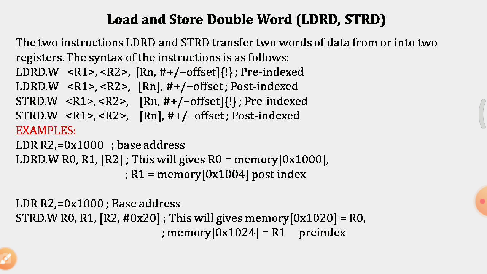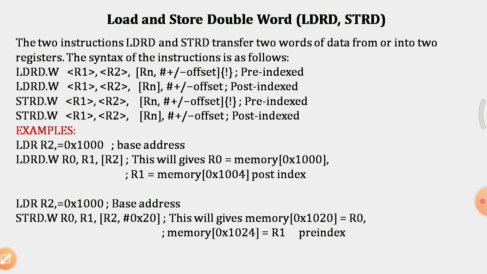So here we have used post-index, that is, the data will be transferred and then the address will be updated. Now we are going to transfer a double word.